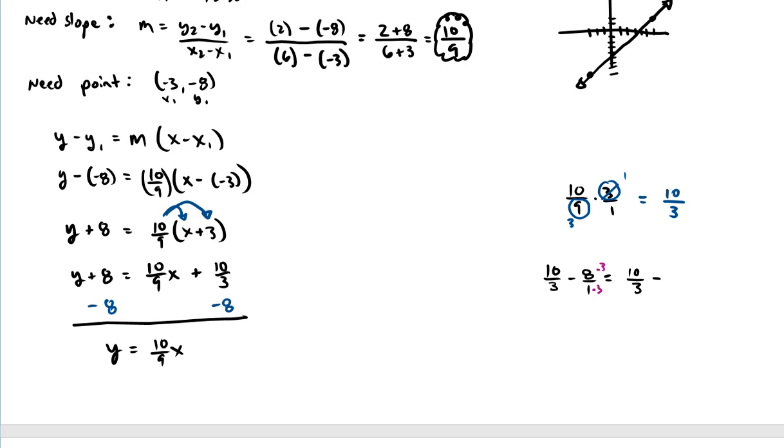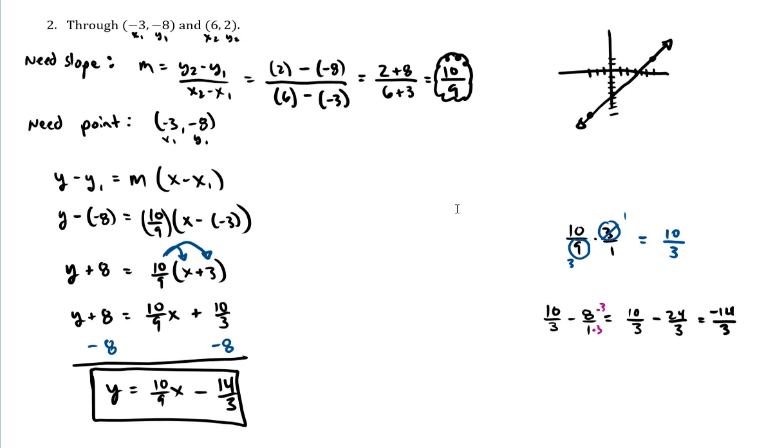So that way it would be 10/3 minus 24/3. And then now we subtract. Remember, with subtraction or addition, the common denominator stays as is, and then we will just subtract through the top, so that would become negative 14/3. Okay, so it would be minus 14/3 right here. So that's our equation. There we go.